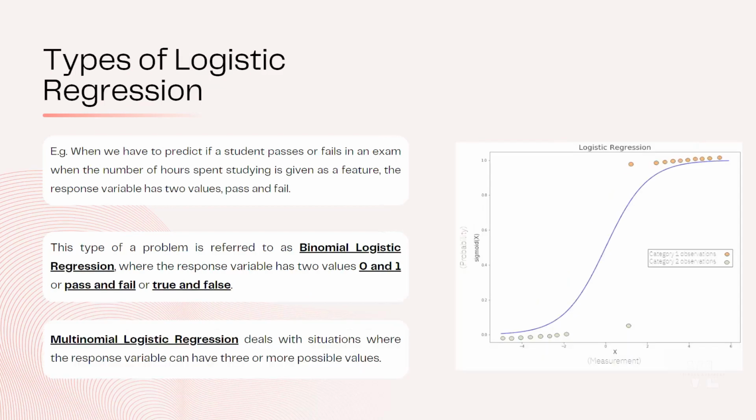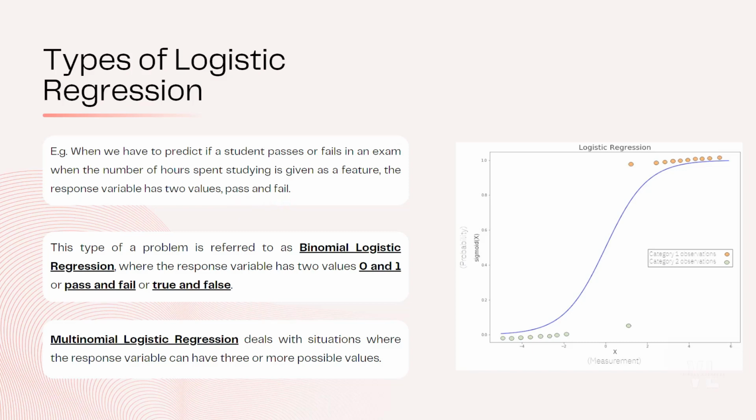Next, let's see the types of logistic regression by considering an example. For example, when we have to predict if a student passes or fails an exam when the number of hours spent studying is given as a feature, the response variable has two values, which is pass and fail.